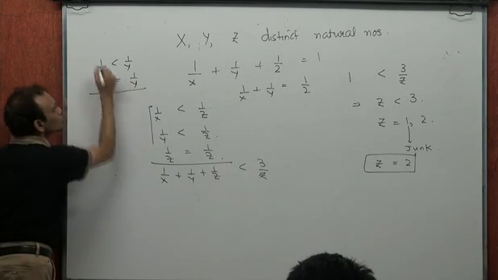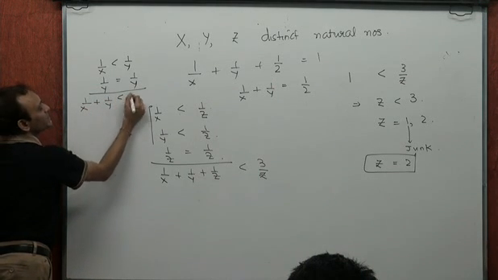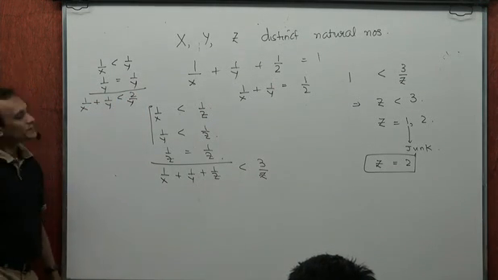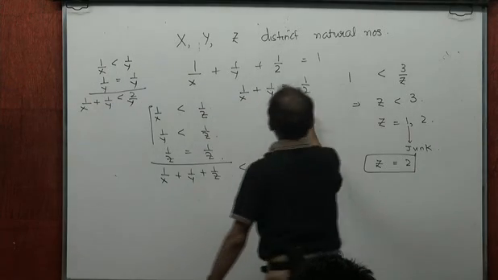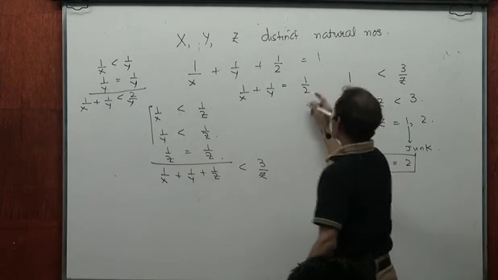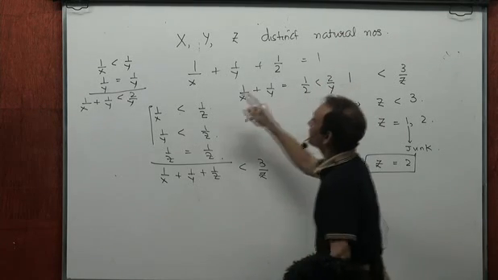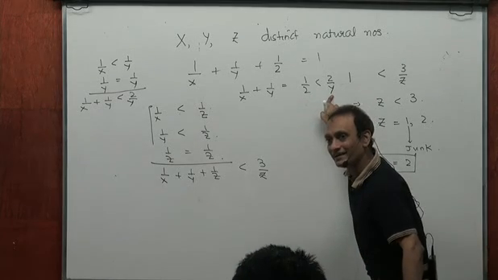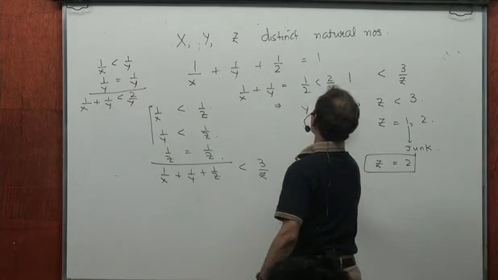So if I add these two, then 1 by x plus 1 by y will be less than 2 by y, isn't it? So 1 by x plus 1 by y, which is half, is less than 2 by y. So I end up getting y less than 4.